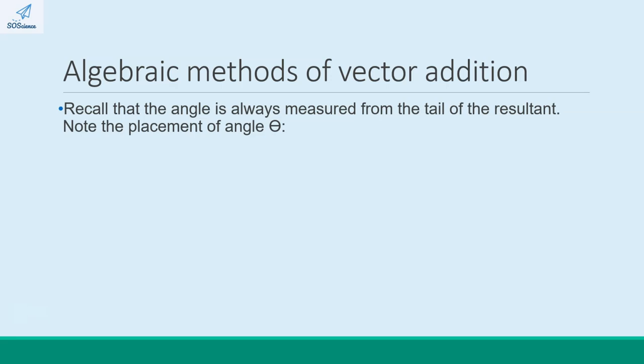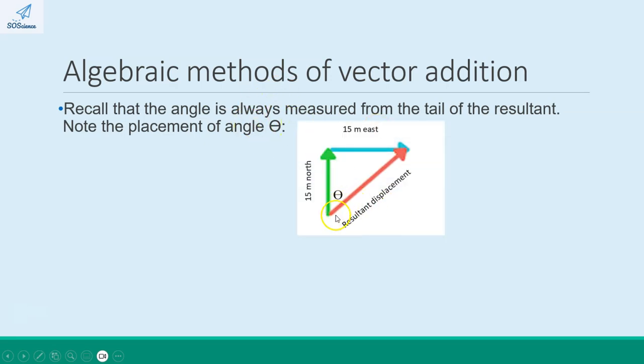So let's now go back to our example and remember that we always measure the angle theta from the tail of the resultant. So here's my sketch of my vector diagram. Here is my resultant displacement. I've worked out the magnitude. Now I need to work out the direction.